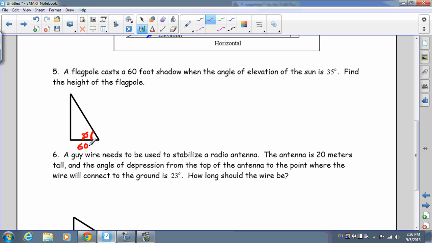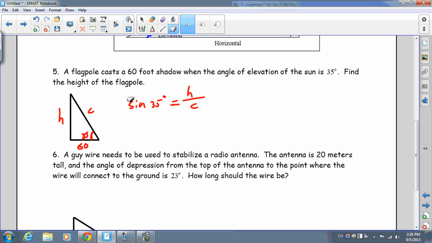Knowing that this is 60 and this is 35 degrees, we're looking for the height. So I will use the sine of 35 degrees is equal to height over the hypotenuse. Can the sine help me here? Obviously no, because I do not have the hypotenuse.